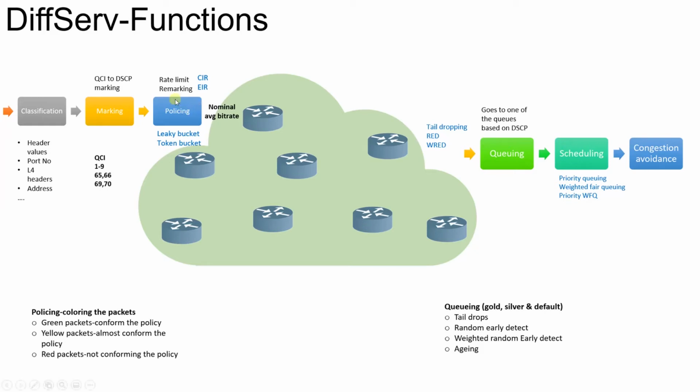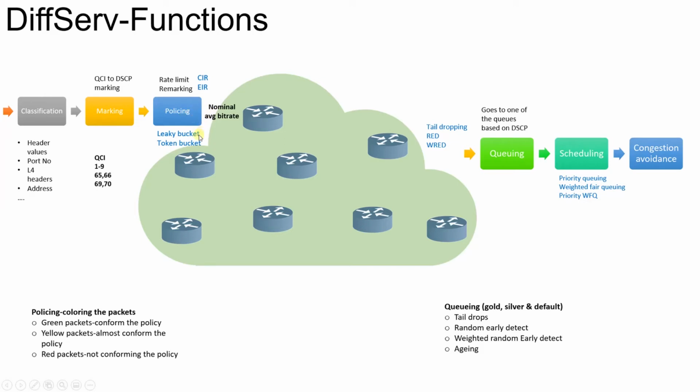So I am guaranteeing that at any point of time I can carry 2 Mbps traffic. But if capacity is available in the egress, then I can carry additional traffic of the customer. Even though the customer is subscribed to a 2 Mbps line, if space is available, then an additional 2 Mbps of traffic will also be carried in the egress. That is called the excess information rate. So these two values are configured in the policing part.